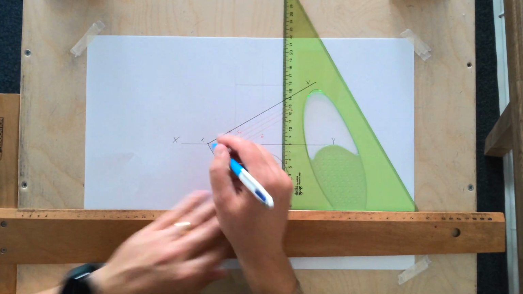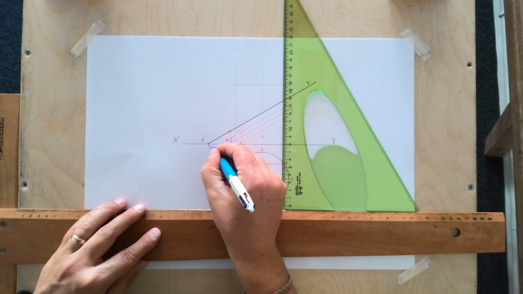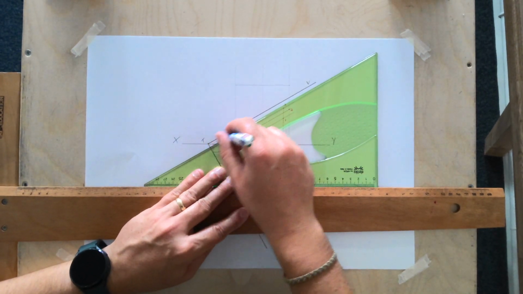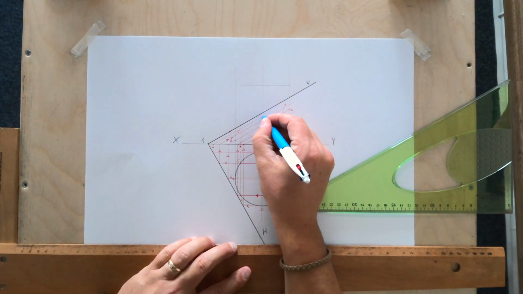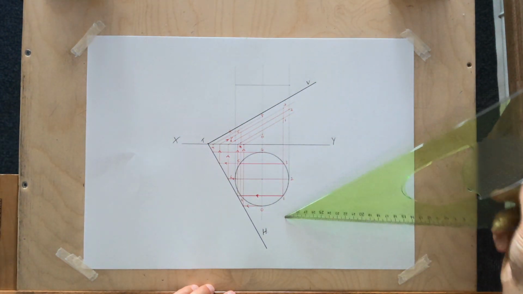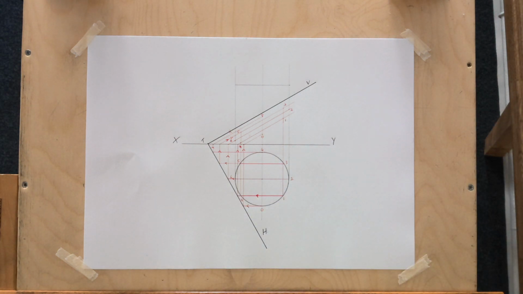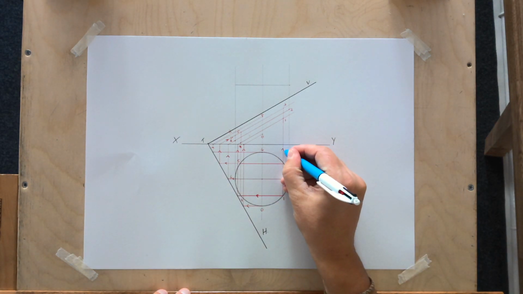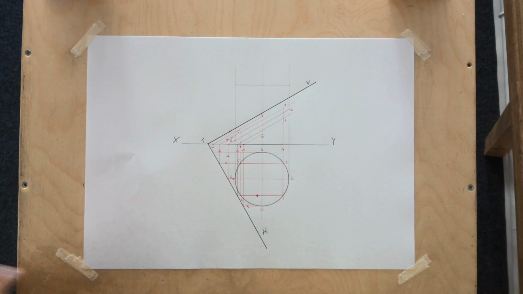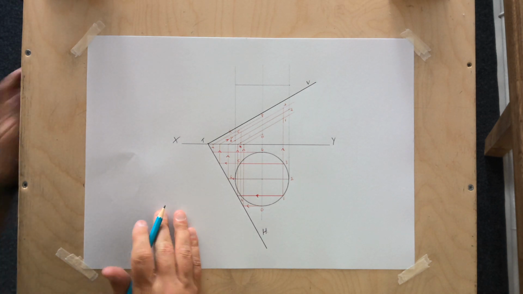I'm just doing them in red pen just so you can see where they are. And there is number 4. Sorry, I should put an arrow there just to show what I did. Alright, that's it then. All you have to do is join them all together.